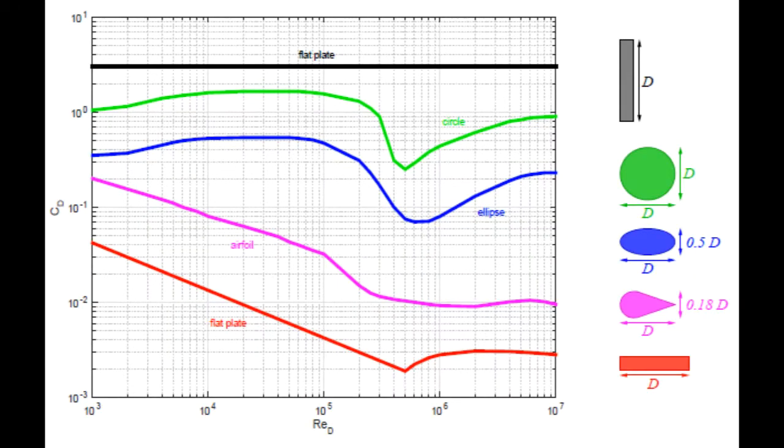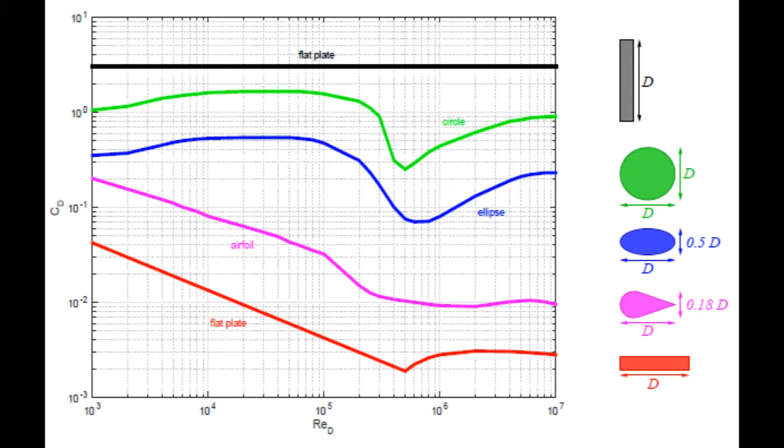Similar is figure 11.3, which has a few other shapes. So in addition to my cylinder, I have other two-dimensional cross sections. Again, these are all assumed to be very long in the direction in and out of the page. So I have flat plates, both oriented horizontally and vertically. My cylinder again, so that green line should be the same as the red line in the previous figure.